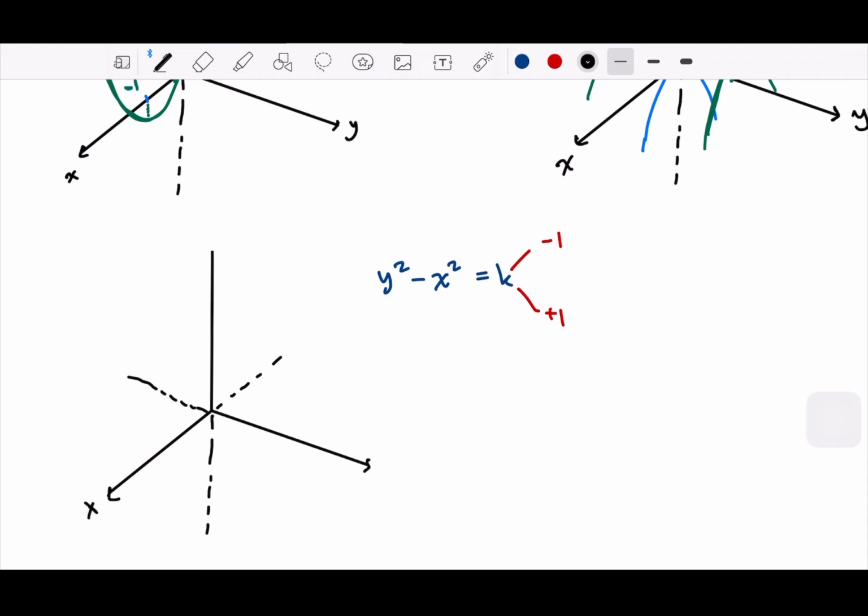First is y² minus x² equal 1, it's just the usual hyperbola. The second one is y² minus x² equal -1, or we can exchange the signs and it becomes x² minus y² equal 1.